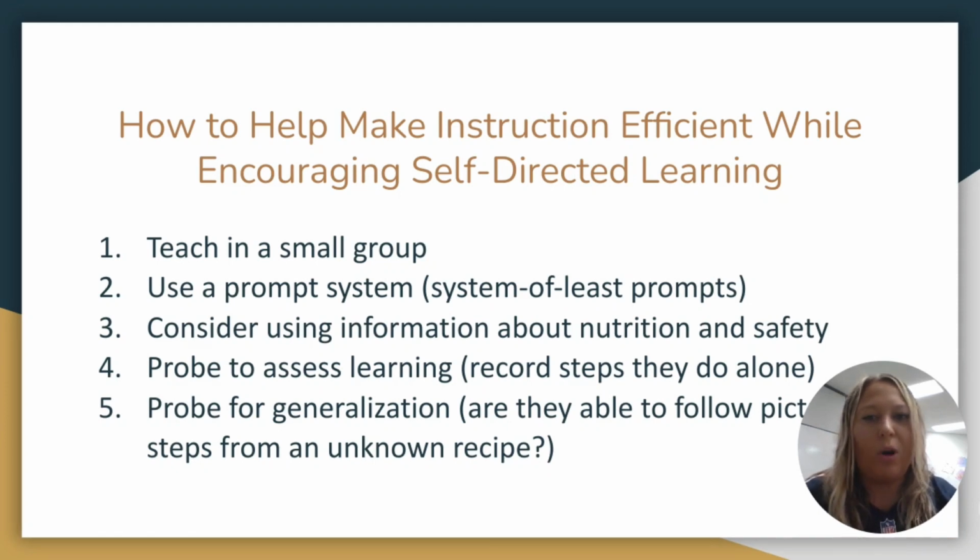And then probe to assess learning, which is recording the steps that they do alone. And then probe for generalization is observing and taking note of if they are able to follow picture directions or picture steps from an unknown recipe on their own, and kind of just recording which ones they're able to do.